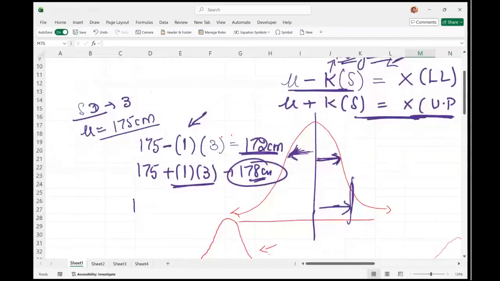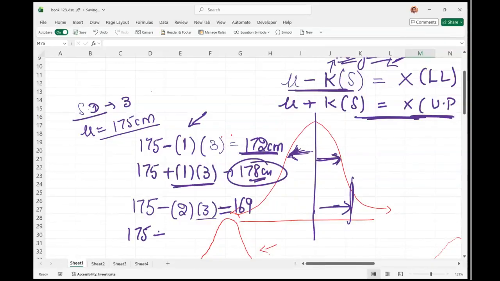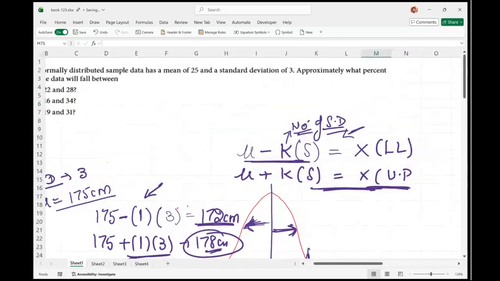Same way, if you go to two standard deviations, you will multiply 2 times the amount of standard deviation, which is 3, giving 169, and you will do the same thing for the other side, which will give you 181 centimeters. So hopefully you were able to understand how to use this formula.